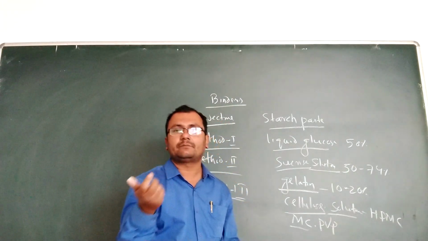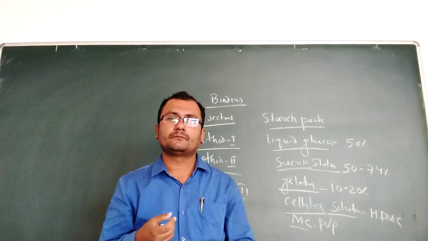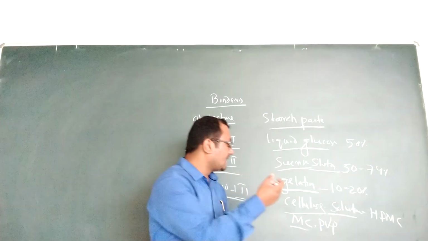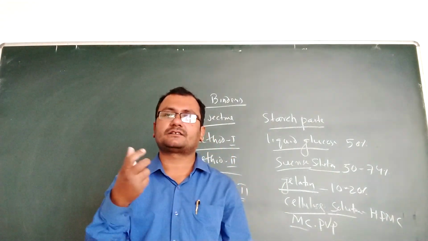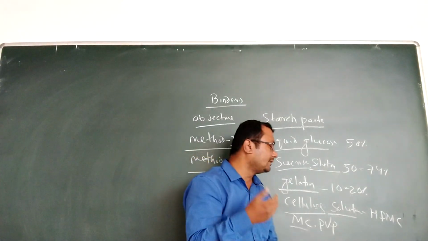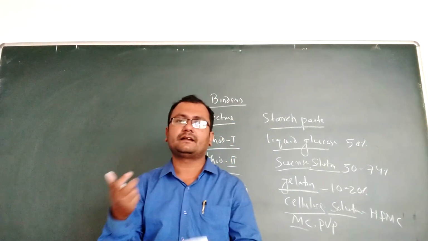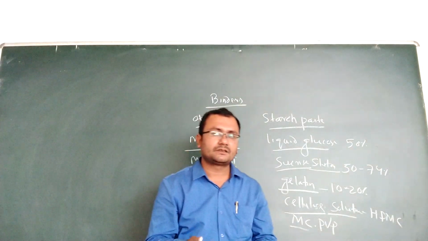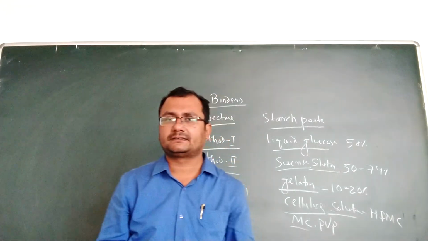But we give preference to water as it is easily available. MC is a water-soluble polymer. PVP is soluble in both alcohol and water. So we can use both solvents as per our requirements.